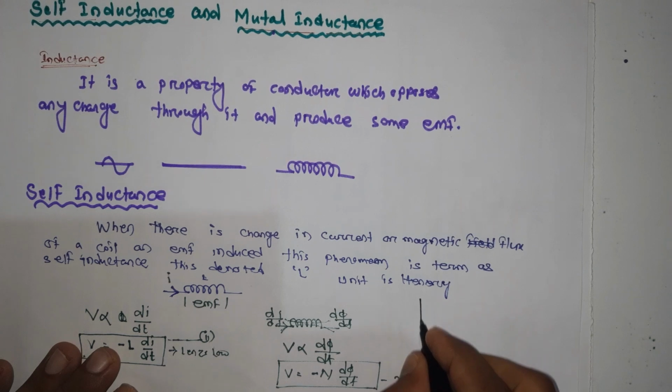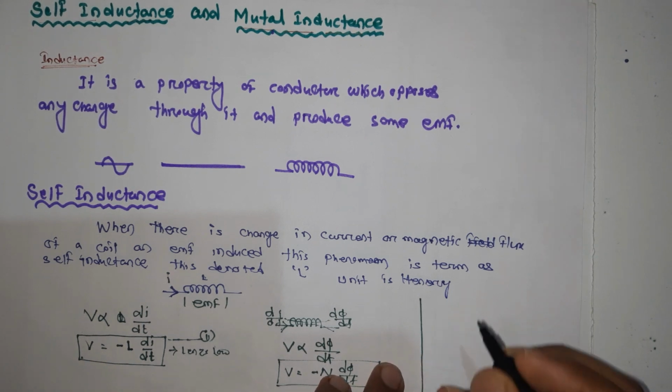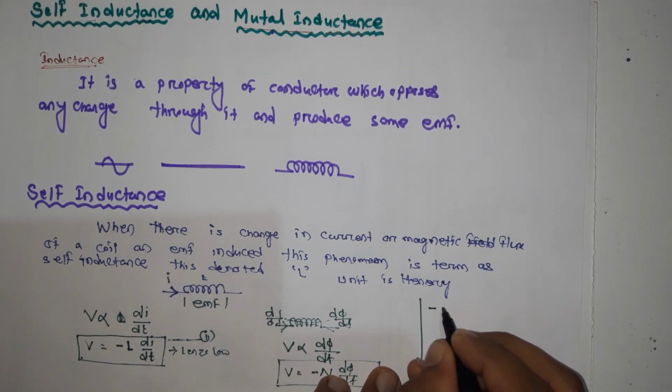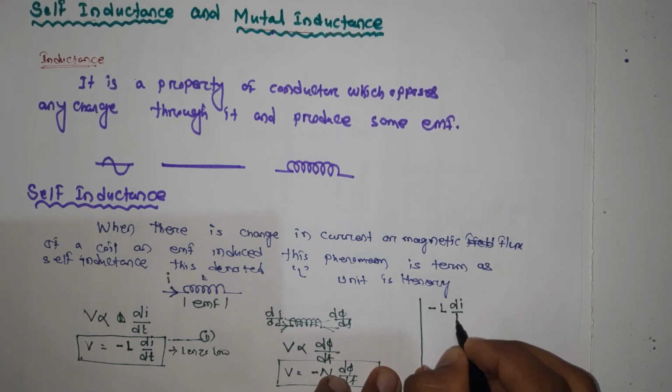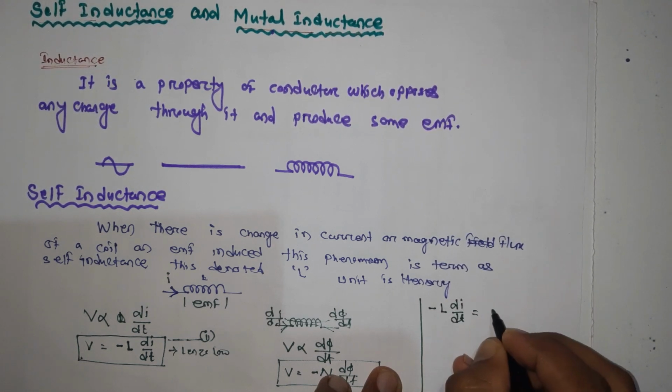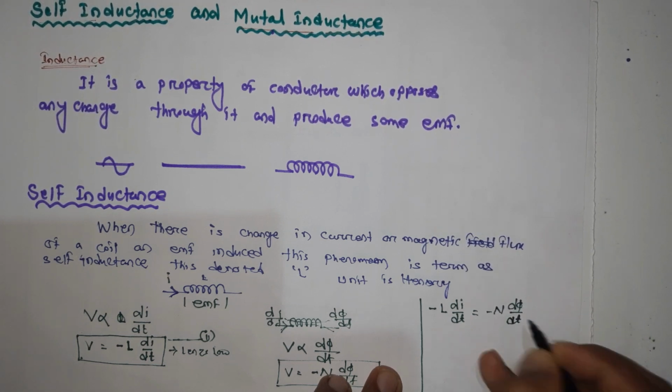When you compare both equations, we finally get minus L di by dt equal to minus n d phi by dt.